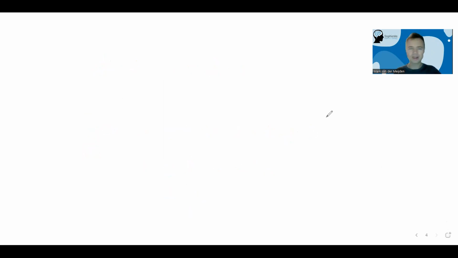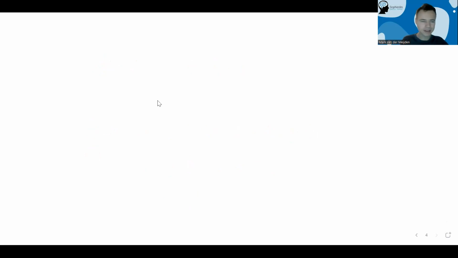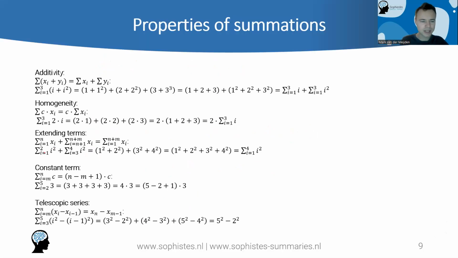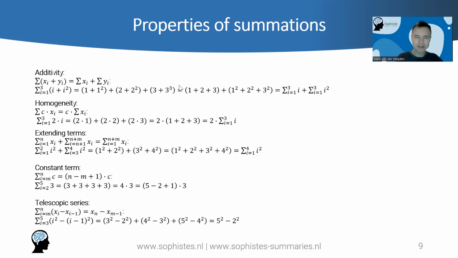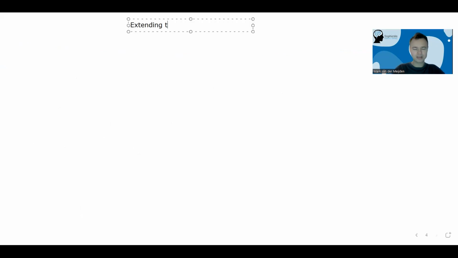Okay. The next one is the extending terms property. The third one is the extending terms property. That one is maybe a bit more difficult. Extending terms. Okay. The property is as follows. You have a summation starting from i is 1 all the way up to n.